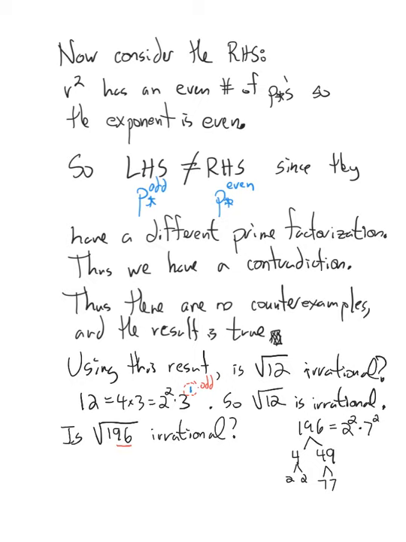But hey, look! I only have even powers here. Since they're all even, I know that the square root of 196 is just the square root of 2 squared times 7 squared. So it's just 2 times 7, which is 14.